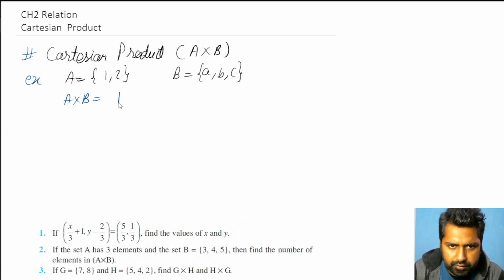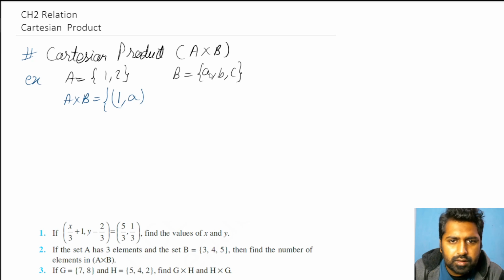Suppose I take 1 from A and the alphabet a from set B. If I combine them and put them in a bracket separated by a comma, this is one element of A cross B. I have to do it for all the possible combinations.